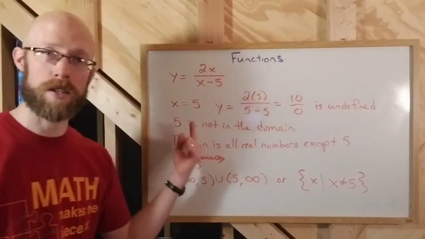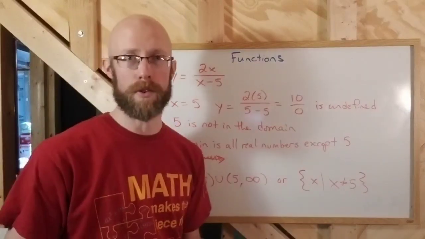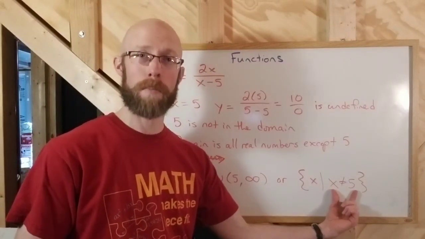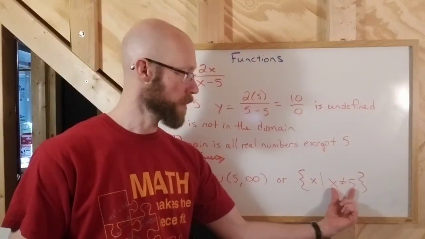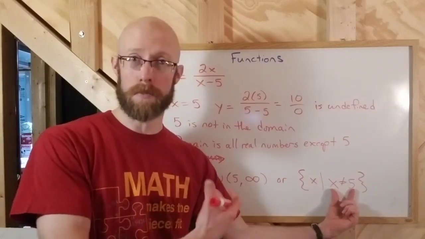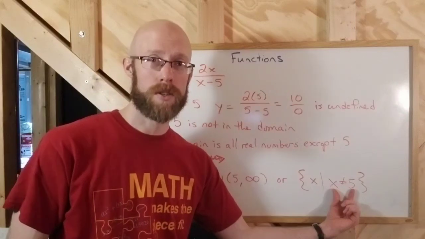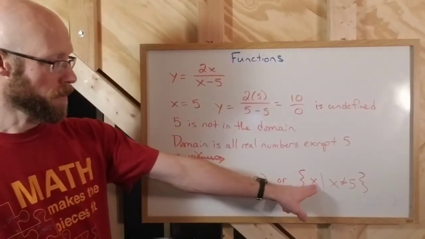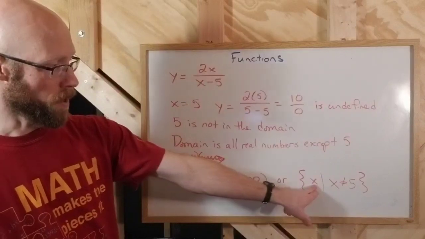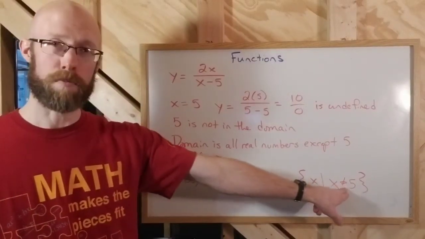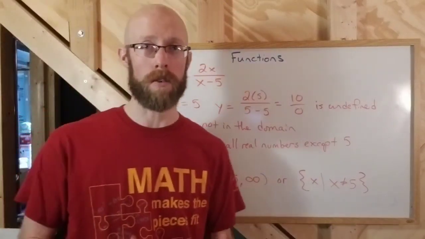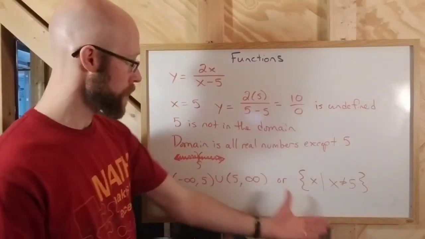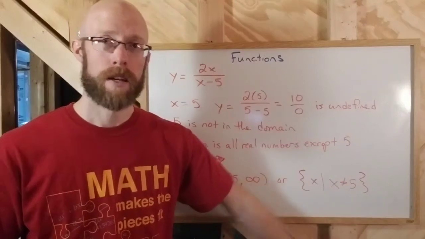We usually use x for the domain and y for the range, but whatever the variables are there. And then a property. Well, this is, as long as x is not equal to 5, it's going to be in that set. Okay? So x is a real number not equal to 5. That's going to be my elements and their property that they share. Okay, they're all numbers that are not equal to 5. Okay, and that should be a good domain for that one.